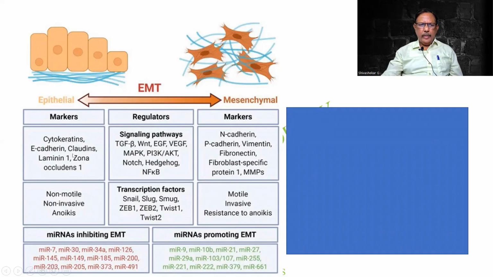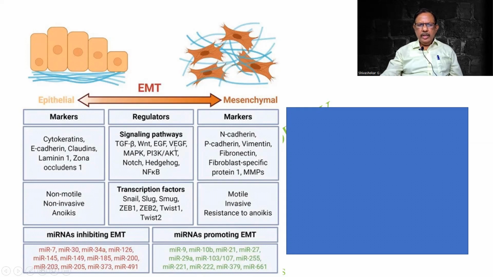Now there are three columns: markers, regulators, and markers. These will be the markers for the epithelium. There are many things that are given. Cytokeratins, E-cadherin is extremely important, laminin 1, etc. And there are some regulators. These regulators we shall just be noting down, such as transforming growth factor beta.